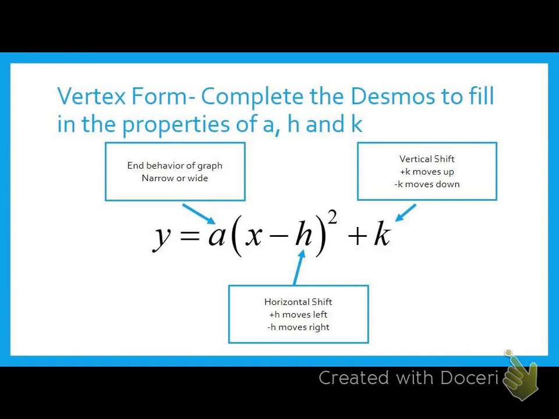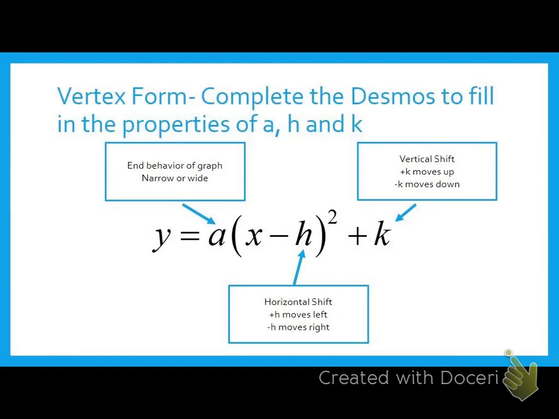And what we saw through Desmos is exactly what we saw with absolute value. When h is positive, that actually shifts our parabola to the left. So it still gives us that horizontal shift left and right, h for horizontal, right? If h is positive, it's going to move to the left. If h is negative, it's going to move the parabola to the right.